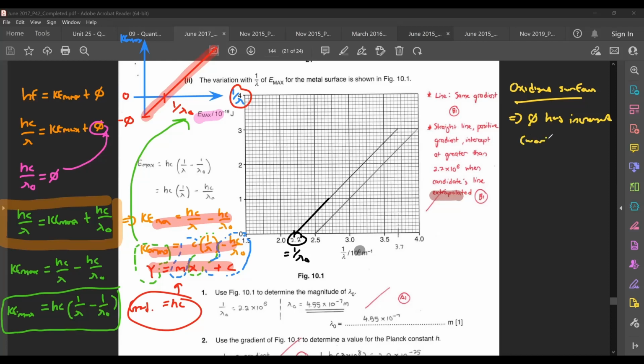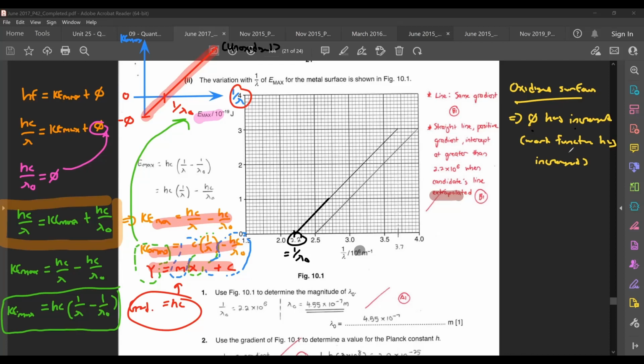That's what they say: the work function has increased. If you look at the original diagram just now, let's say this one was the unoxidized surface.